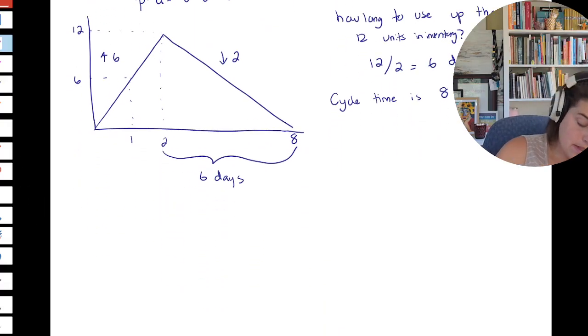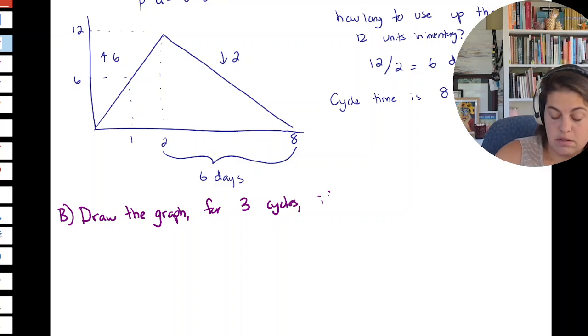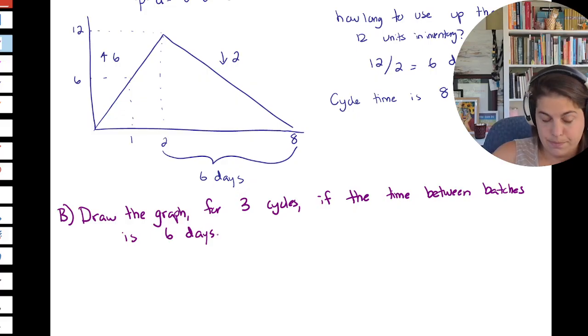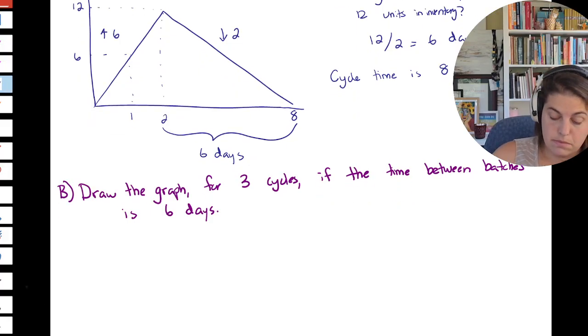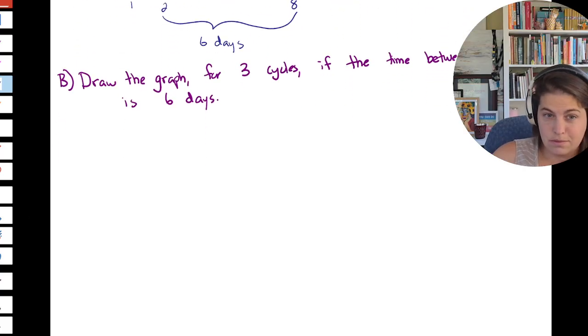But then what happens? Draw the graph for 3 cycles if the time between batches is 6 days. So what happens?